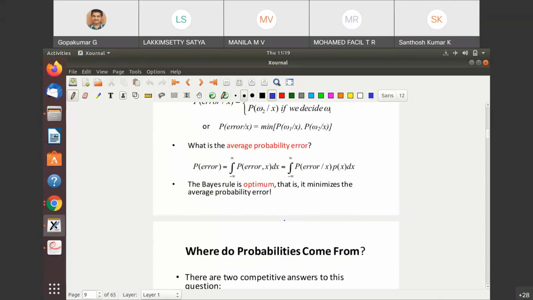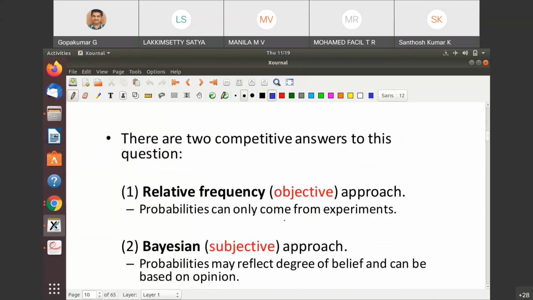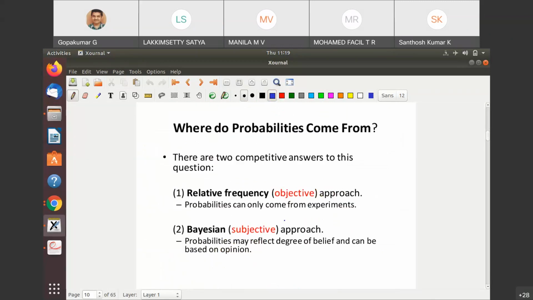Now we will see. There are two ways in which we can see where these probabilities come from. Usually when we discuss probability, we define a trial, an experiment, where we repeat the experiment multiple times, and based on that we count the number of occurrences of a particular case and then define the probabilities.